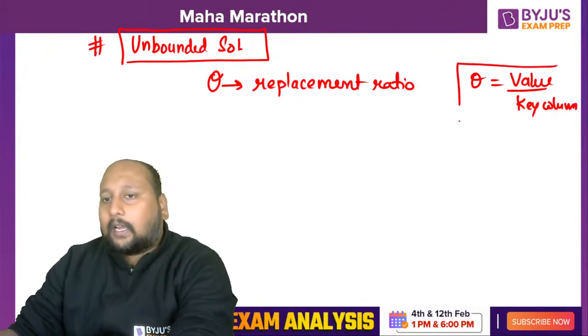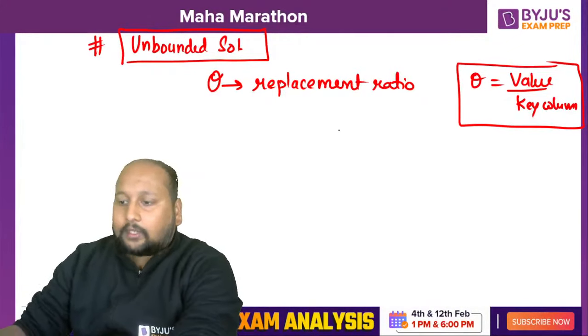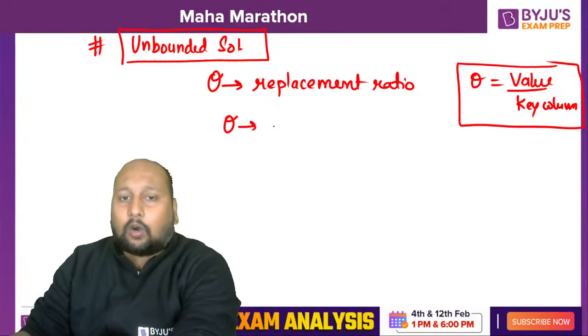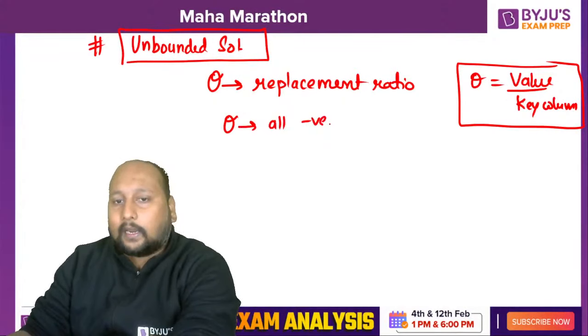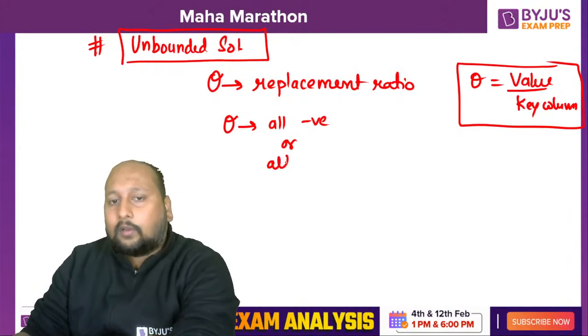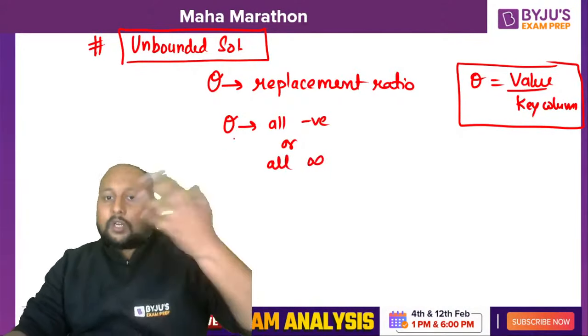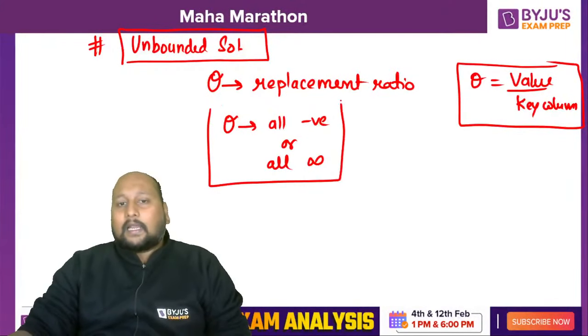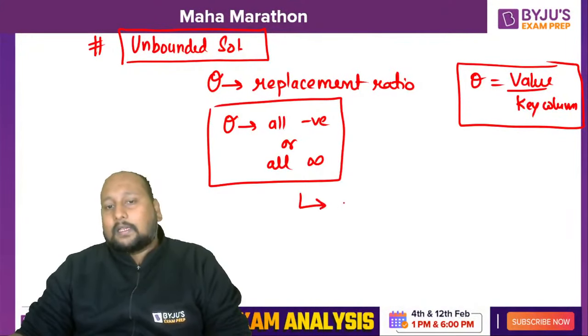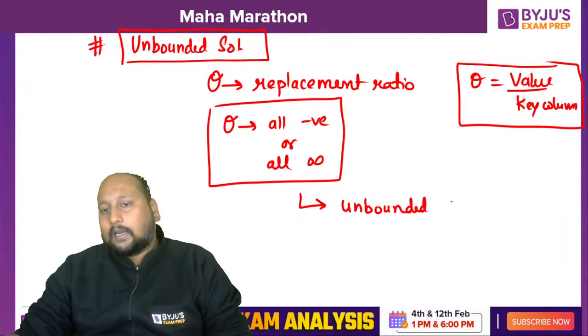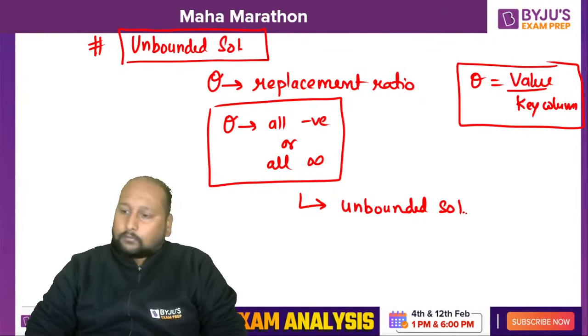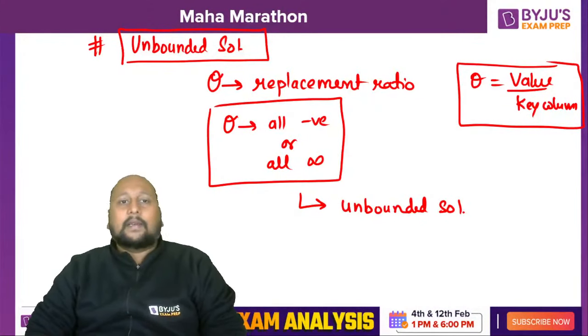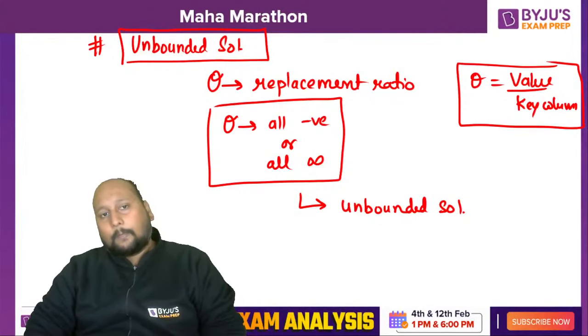And if in the iteration the theta values are either all negative or all infinity, or a combination of negative and infinity, in that case the solution will be considered an unbounded solution.